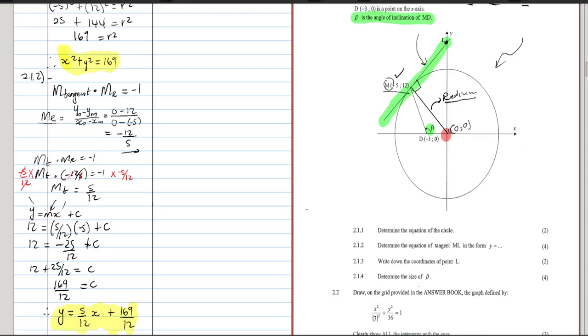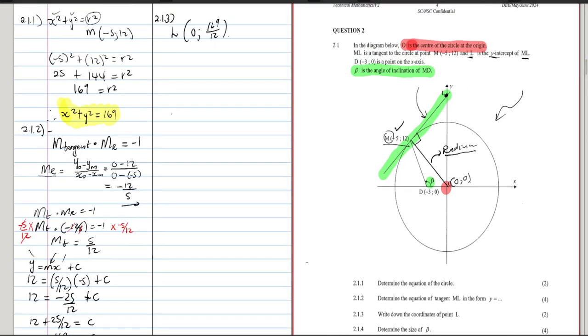Determine the size of B, the angle of inclination. Okay. 2.1.4. We are looking for beta this time around. We're going to be using this formula.